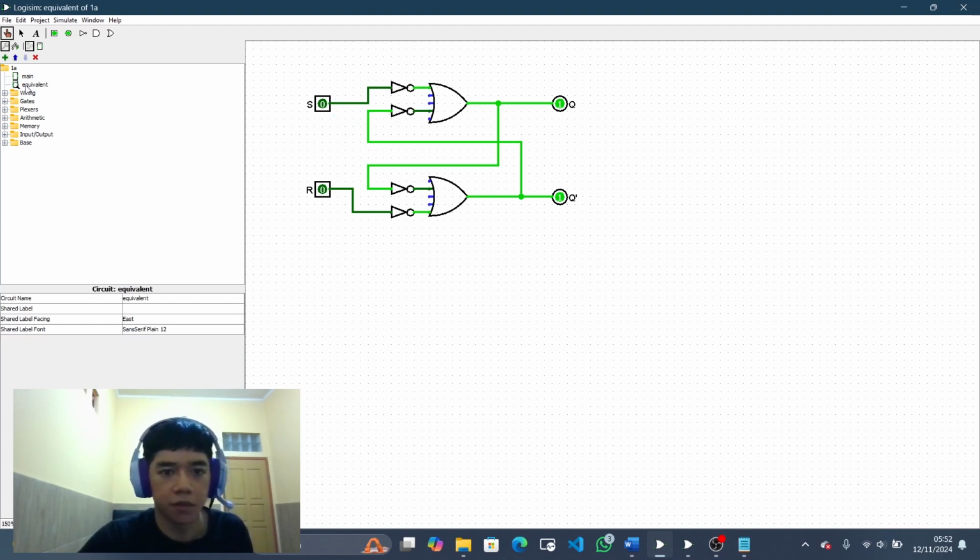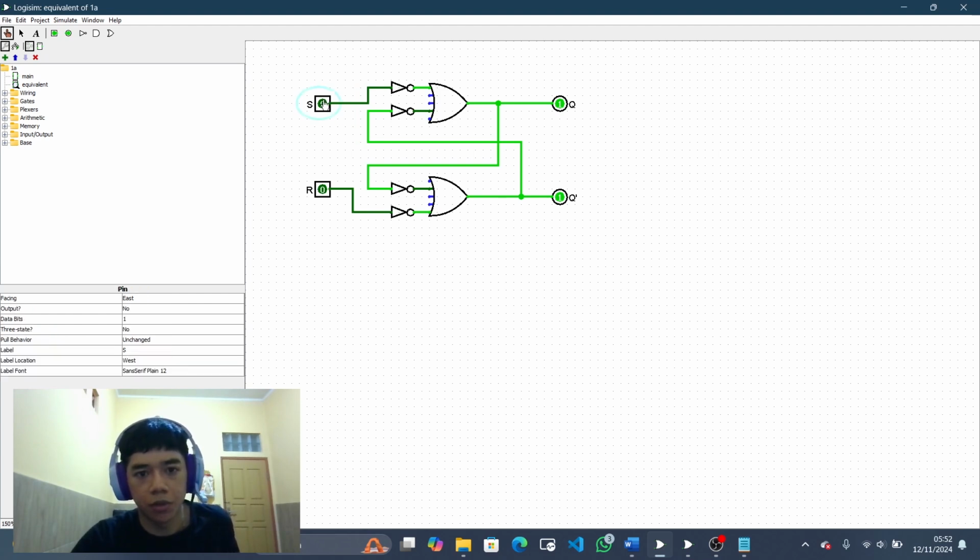And this is the equivalent; it follows the same principle. If both of these are high, then this won't be activated. The output that we are looking at here is Q. Q is the main output that we will be focused on when we're working on flip-flops and latches.